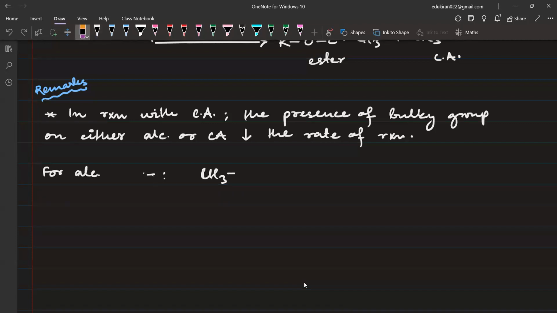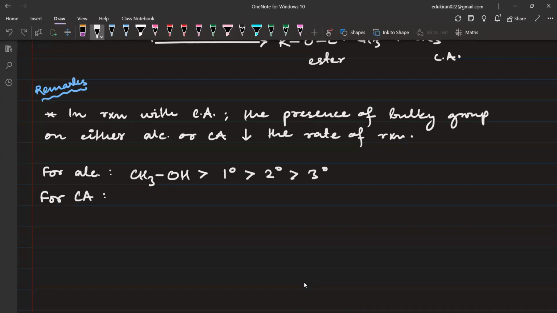एक काम करते हैं, दोनों का अलग लिख देते हैं. For alcohols पहले लिखते हैं हम. The rate of reaction will be fastest when you have CH3OH. That means the alcohol is not having any bulky group. This will be fastest, followed by 1 degree, followed by 2 degree, and then followed by 3 degree alcohol. Now for carboxylic acid, the fastest reaction will be if you have CH3COOH, followed by 1 degree, 2 degree, and 3 degree.